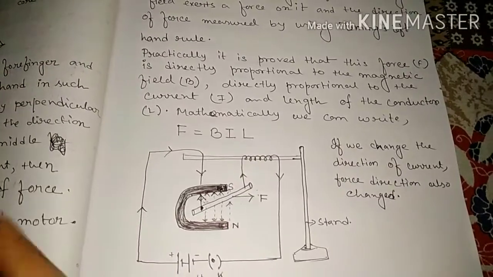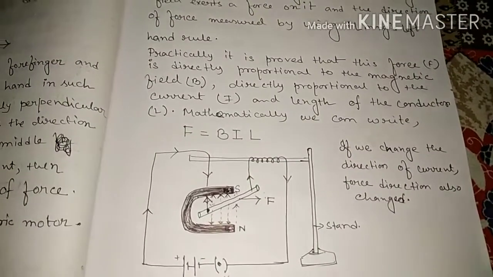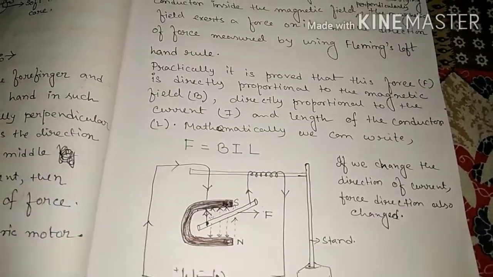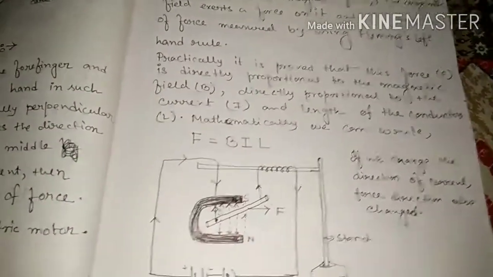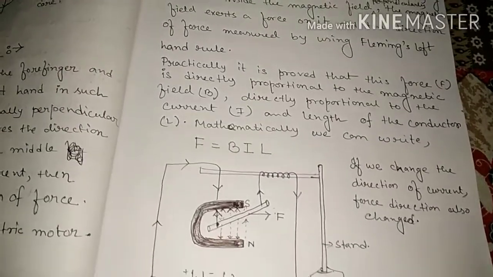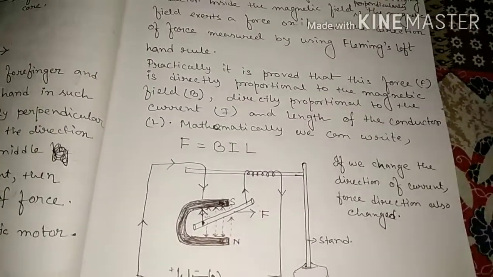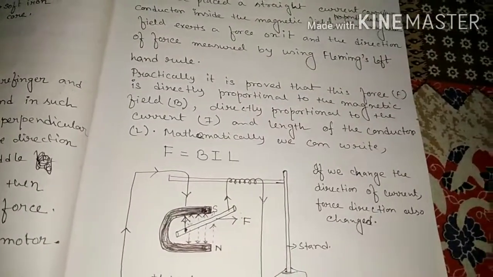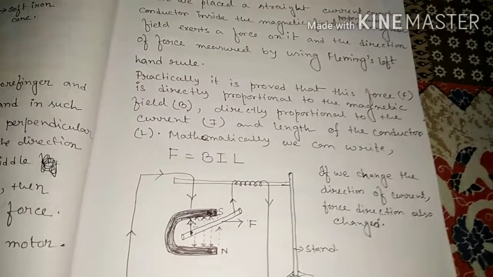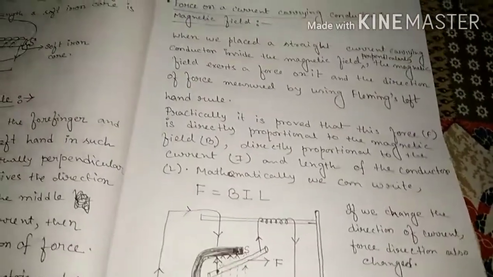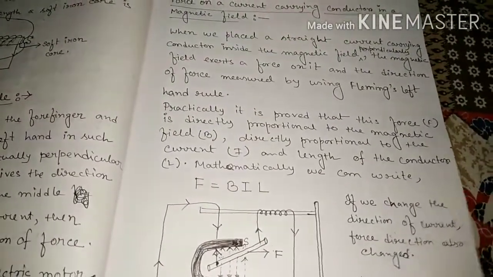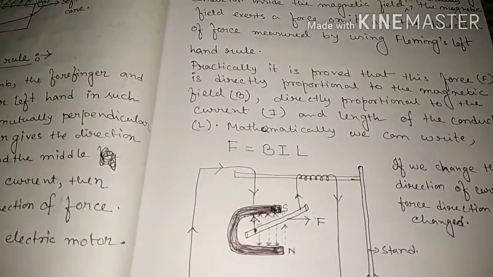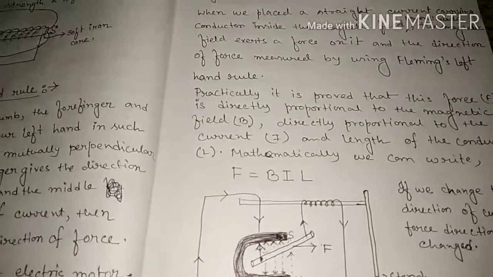Practically it is proved that the force exerted on the conductor is directly proportional to the magnetic field, current and the length of the conductor. So mathematically the equation of that force is F equals B into I into L, BIL. F equals BIL is the force exerted on a current carrying conductor when it is placed inside a magnetic field perpendicularly.